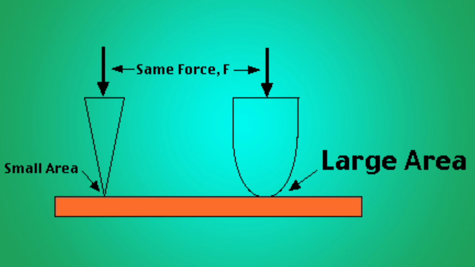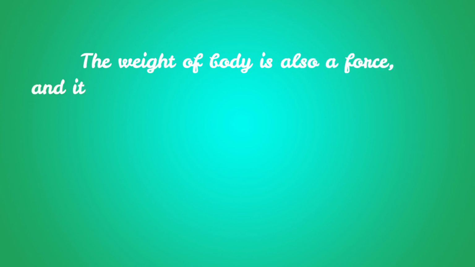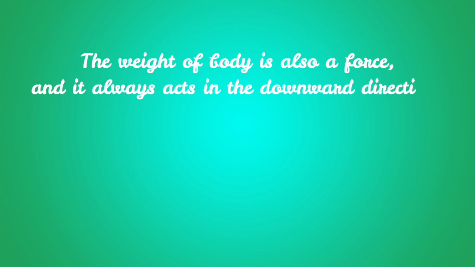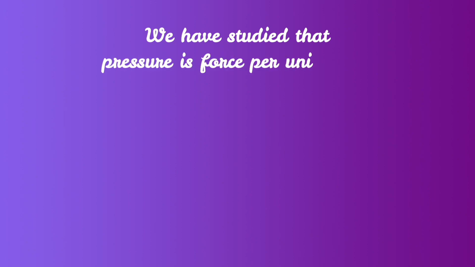But if the same force acts over a small area of the object, it produces a large pressure. We must note here that the weight of a body is also a force, and it always acts in the downward direction. We have studied that pressure is the force per unit area.